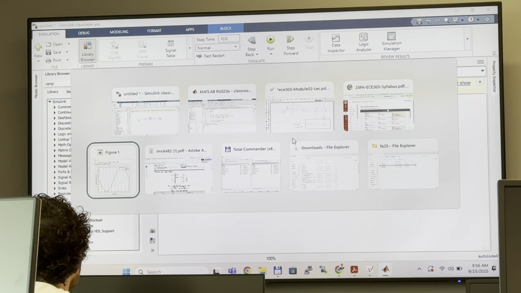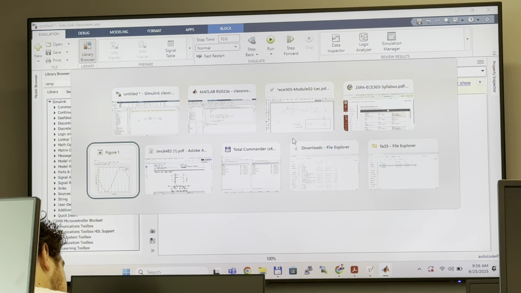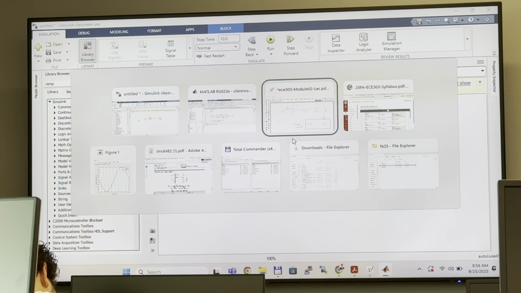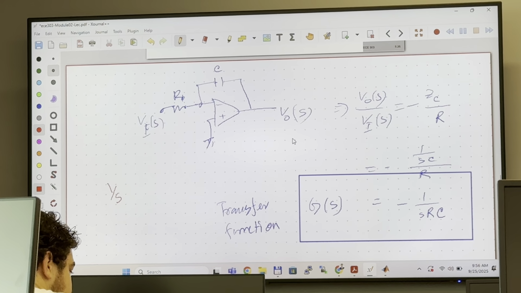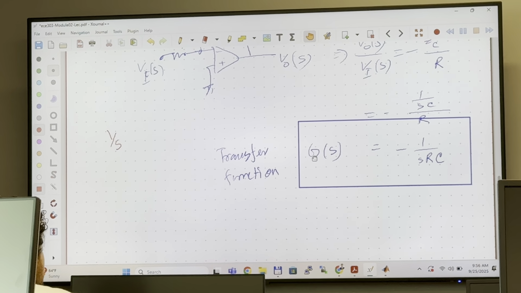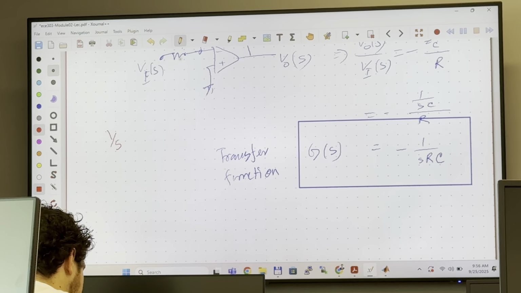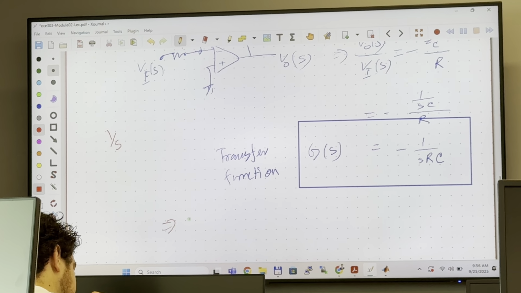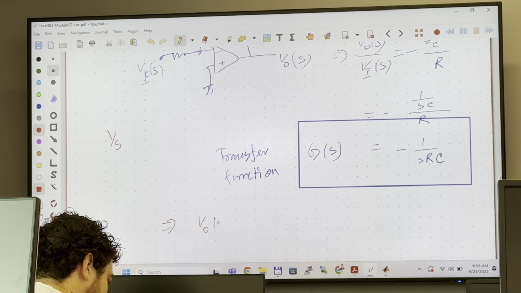So let's go back to this expression. From this expression we can get the output.